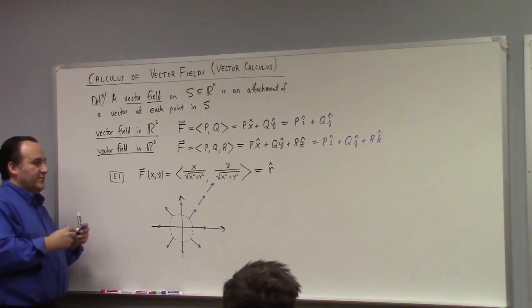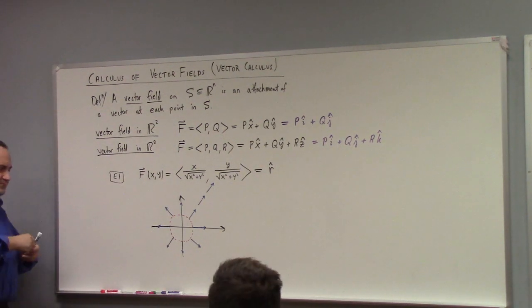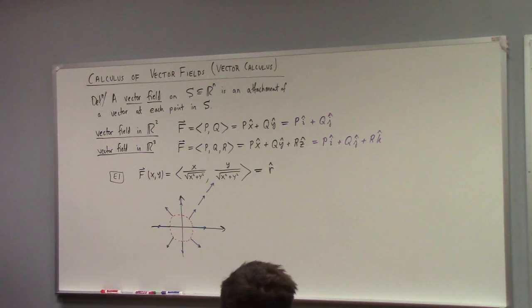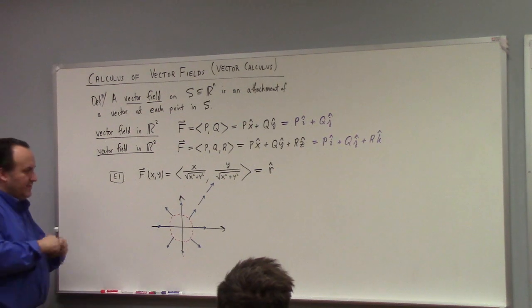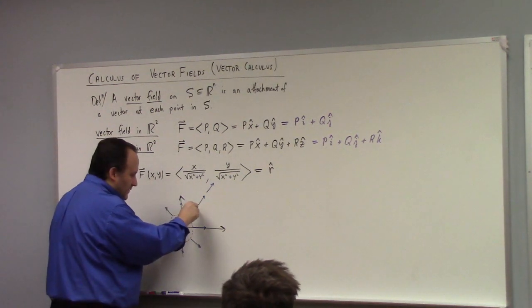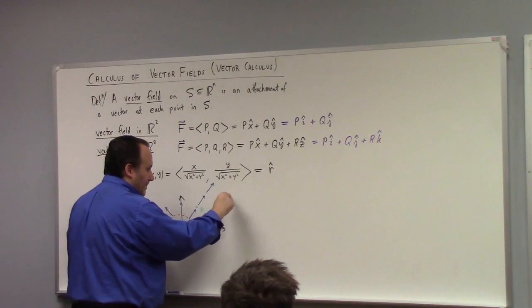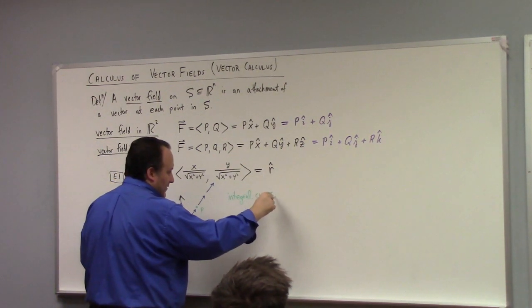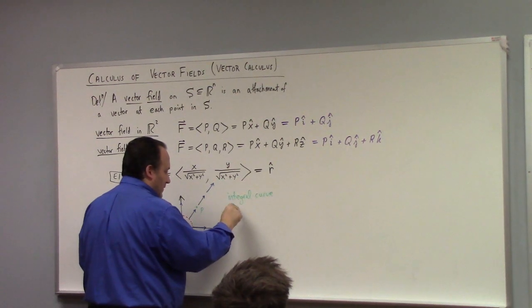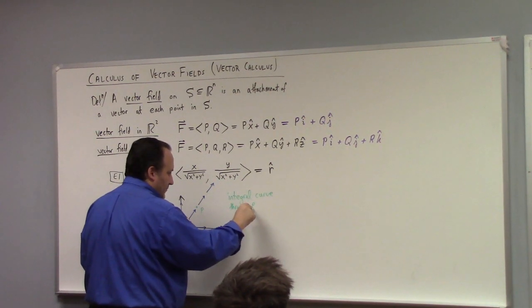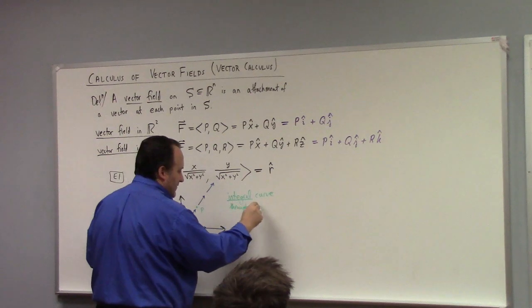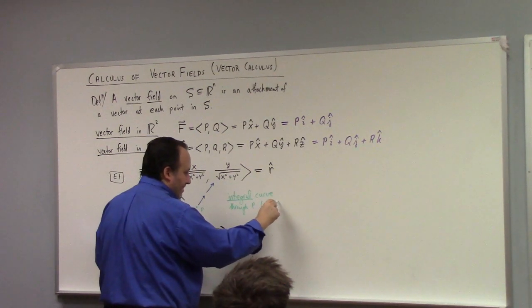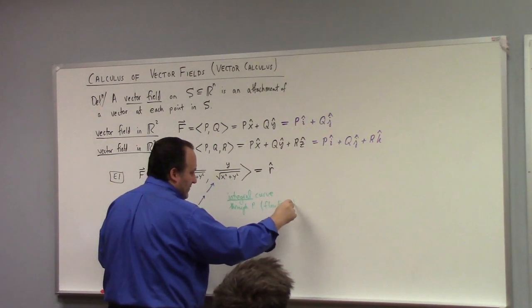So if I want the integral curve to this vector field which goes through, say, this point right here, what would it be? Integral curve through P. Integral curve is sometimes also called a flow line or a streamline.